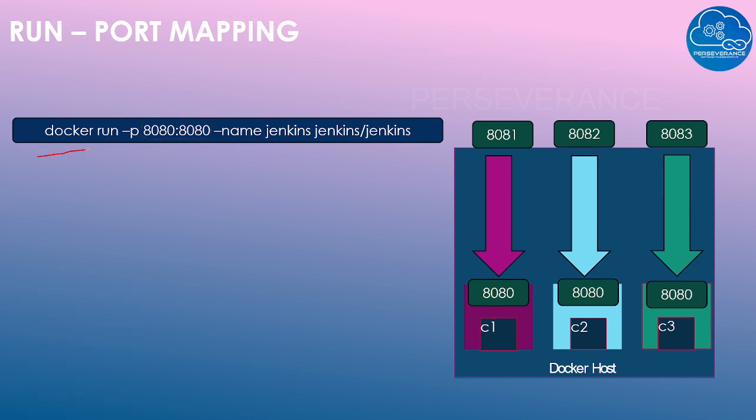Now, docker run -p is for port mapping. We can also call it port forwarding. The first port is the port which should be allocated at the server level. The second port is the port being used by the application running inside the container.